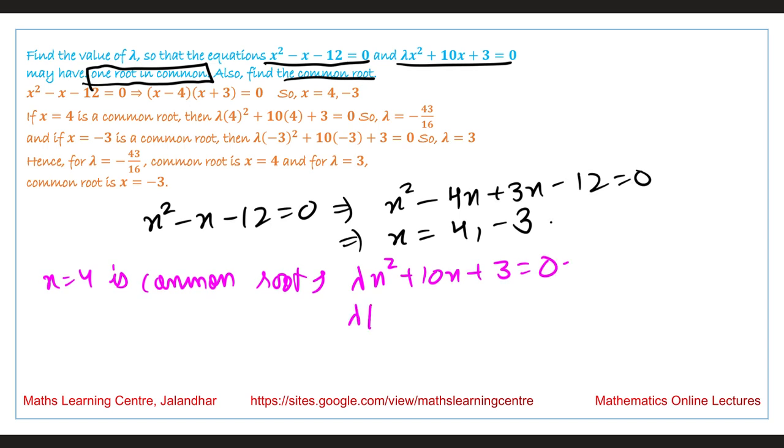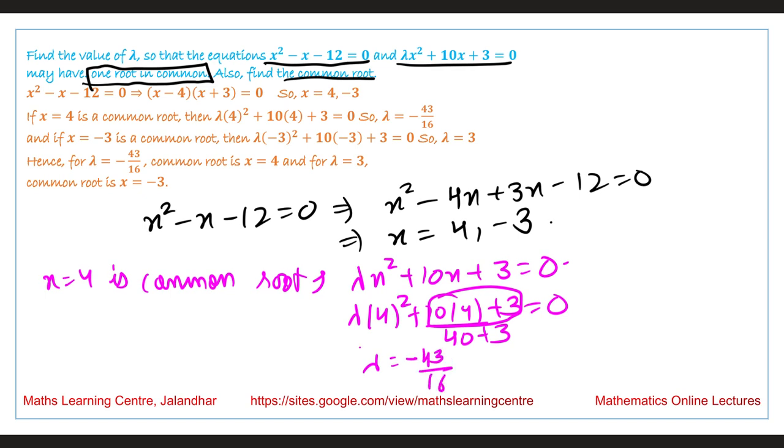So we get lambda into 4² plus 10 into 4 plus 3 equal to 0. On solving, 16 lambda plus 40 plus 3 is 0, so lambda equals −43/16. For lambda equal to −43/16, these two equations will have a common root, that is x = 4.